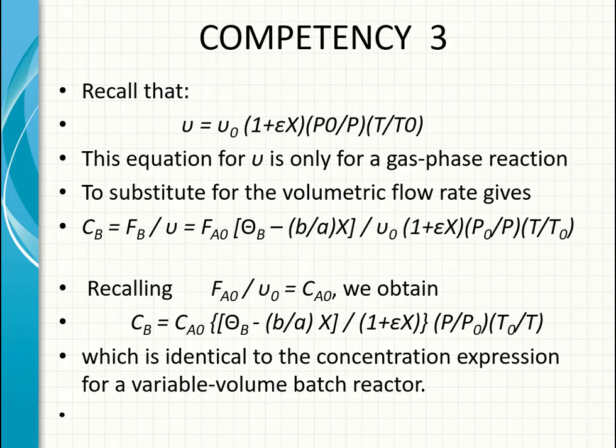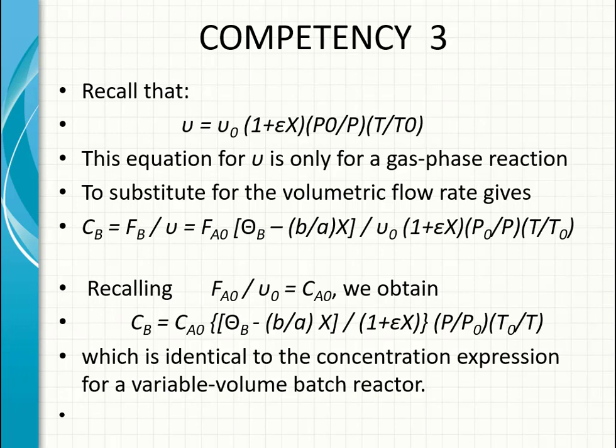all divided by the expression for the volumetric flow rate, that in this case is going to be v0 times 1 plus epsilon X times P0 divided by P times T divided by T0.